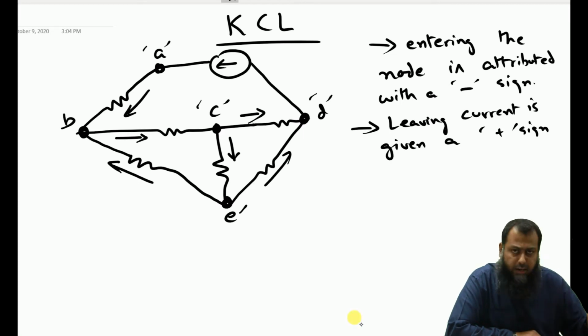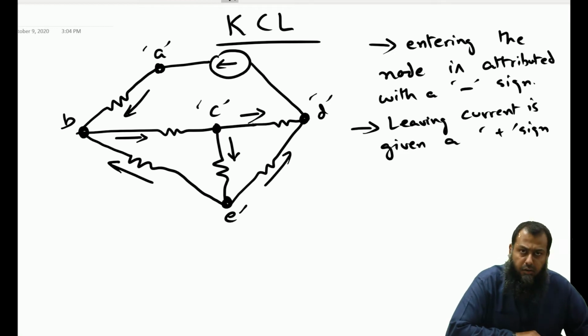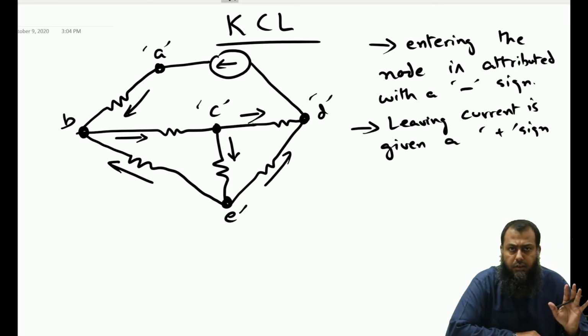It does not matter if you inverse this convention, but you have to stick with this throughout the solution of that particular circuit, otherwise you will not get the correct answer.